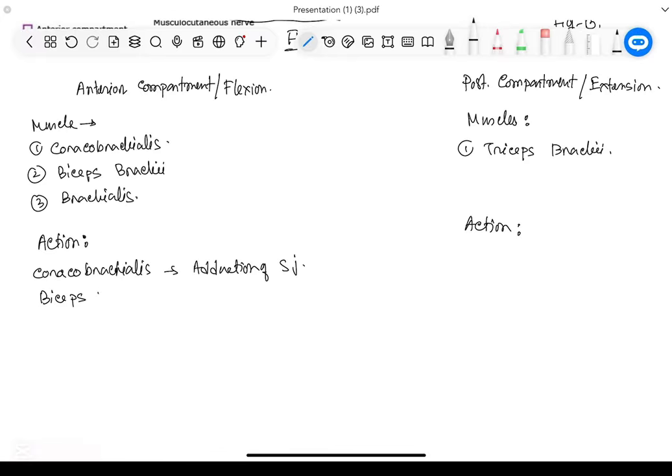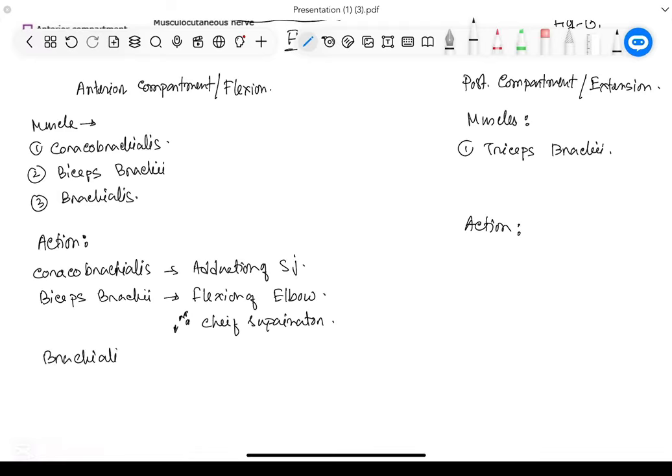Then biceps brachii will do flexion of the elbow. Now, one more highlighted function of biceps brachii is that it is the chief supinator. So, it can do supination.